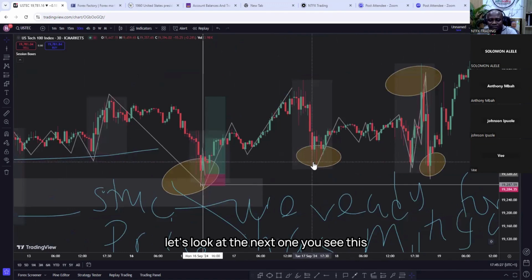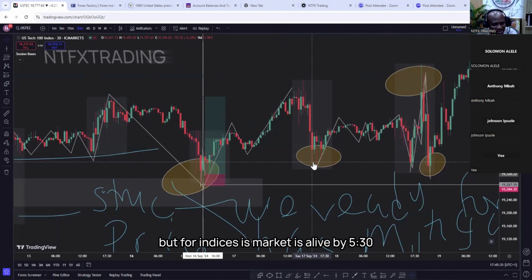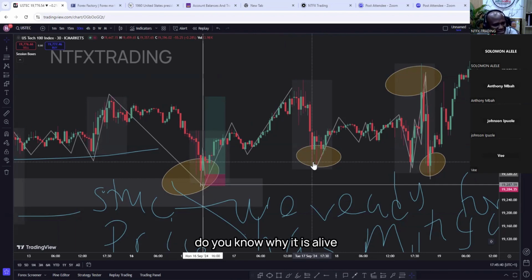You see this? Market has gone. But for indices, the market is alive by 5:30. You know why it is alive? This one has nothing to do with London and Europe. This is not currency.